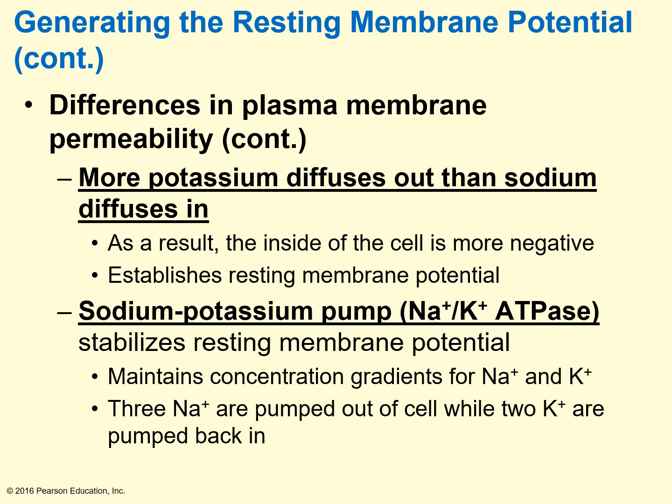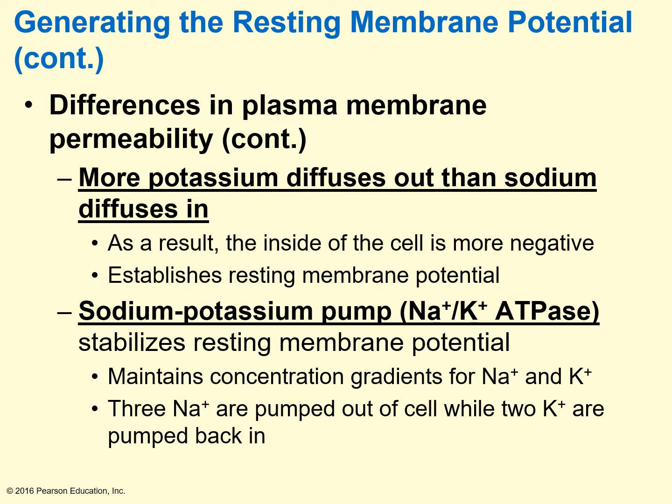And how does it do this? Sodium's leaking in. It's like sodium's coming in the front door, but you're going to have it go out the back door. As soon as it comes in, it goes right back out again. So the sodium-potassium pump, per turn, if you will, 3 sodium ions are being pumped out of the cell and 2 potassiums are being pumped back into the cell.